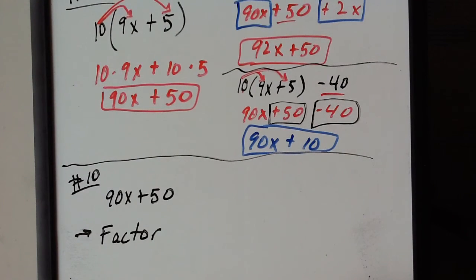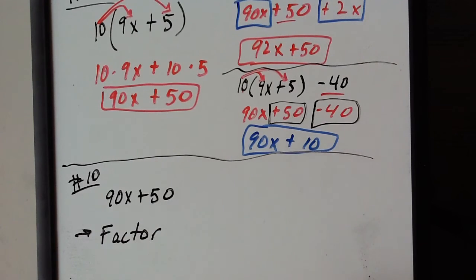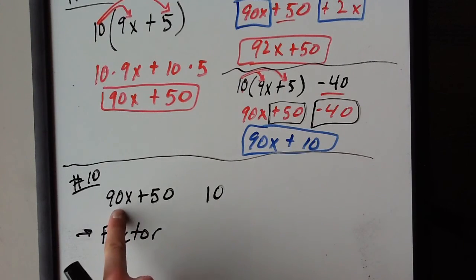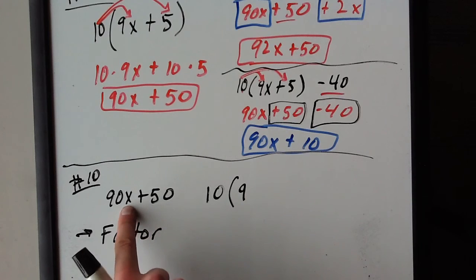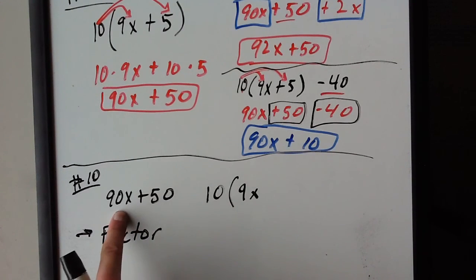To factor this expression, I need to look for a factor that goes into both of the terms, that goes into both 90x and 50. Essentially, you're looking for the greatest common factor, the greatest factor that goes into both 90x and 50. That greatest factor is 10. 10 goes into 90x 9 times, and I have to include the variable with it, because once I multiply these numbers, I should end up with 90x.